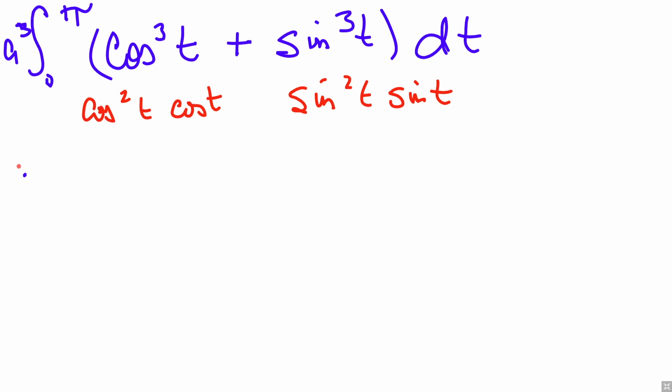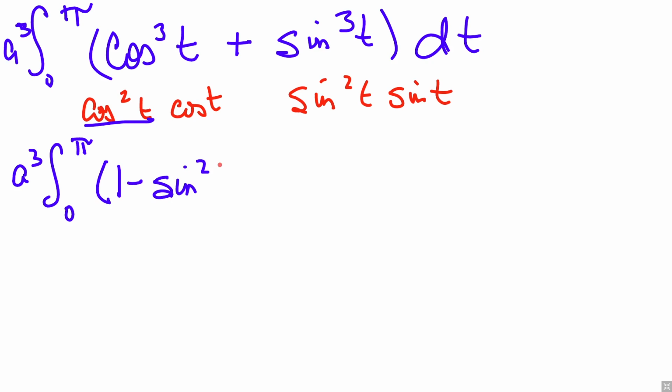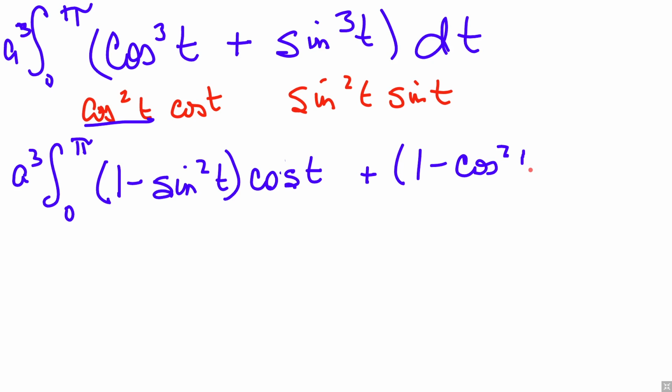So I'm going to have a cubed times the integral from 0 to pi of 1 minus sine squared t times the cosine of t, not cotangent, but cosine of t, and then plus, for the second piece, 1 minus cosine squared t times sine of t, and again, dt.